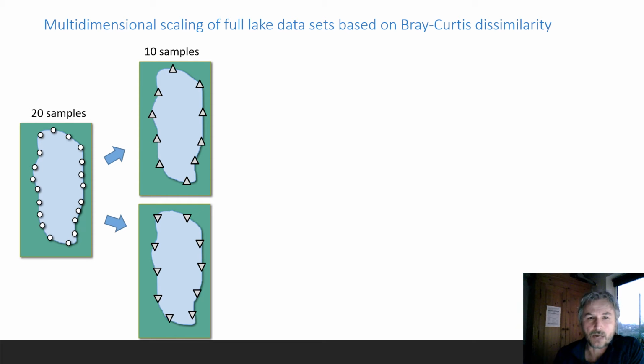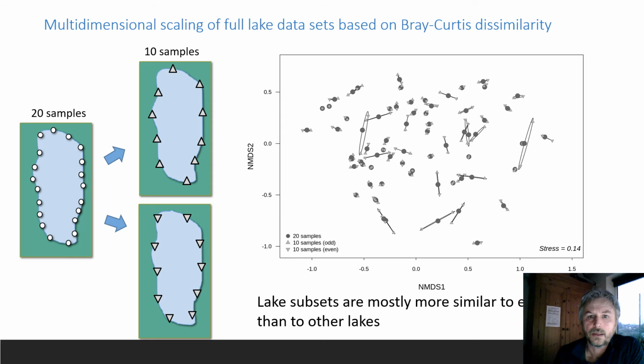We then carried out a multidimensional scaling analysis based on Bray-Curtis dissimilarity of all full and half data sets, which you can see here. In this figure, all the full and half data sets from one lake are circled.